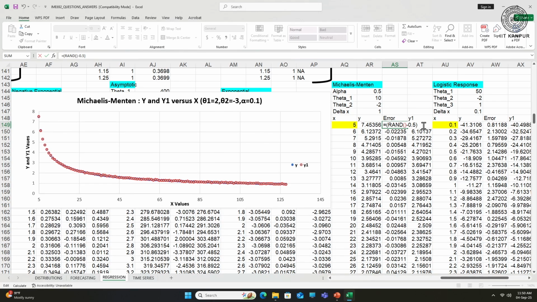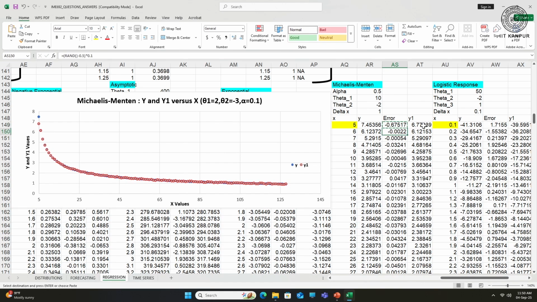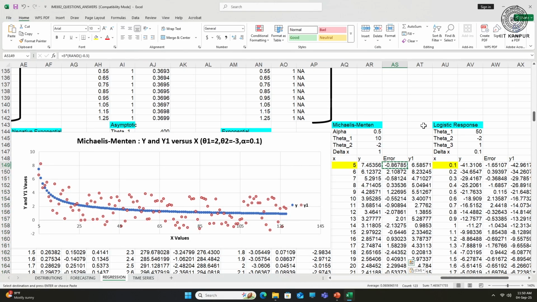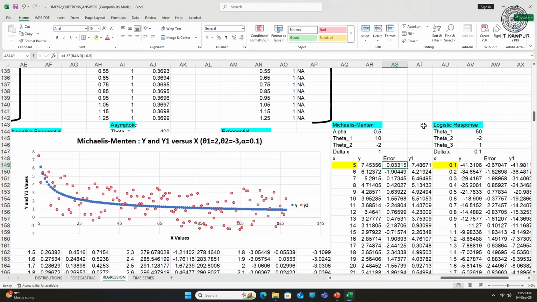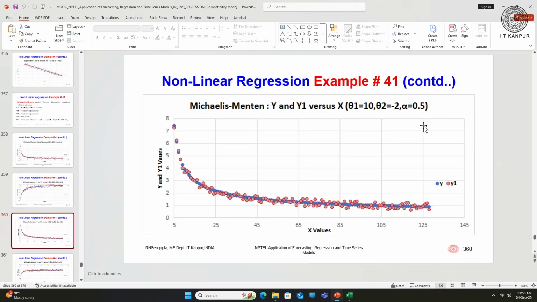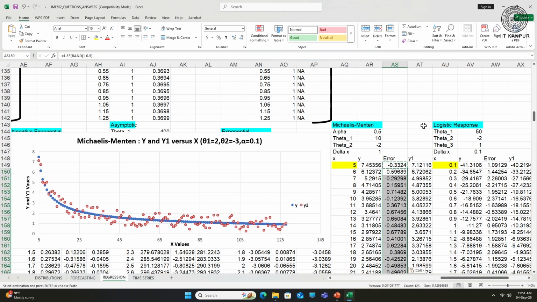If I increase the error, the increase has been a little bit too much, so let us make it not that high. Yeah, now you are getting quite a close fit. If you decrease the error, obviously it will be almost a replica of what is shown in the PPT slide.